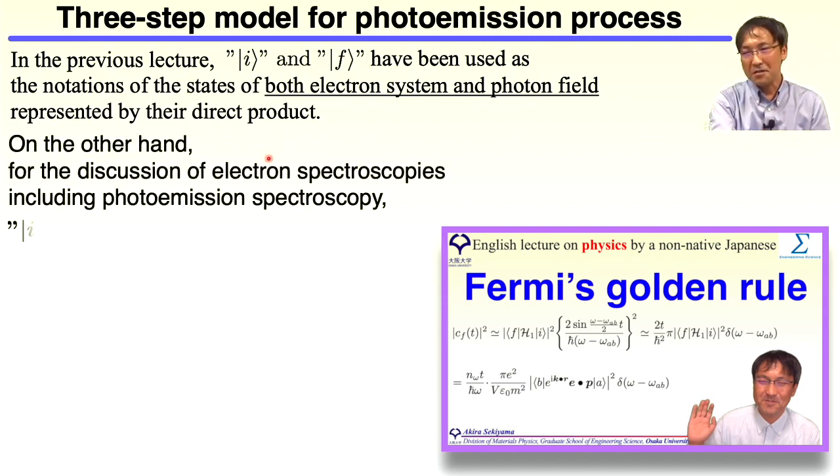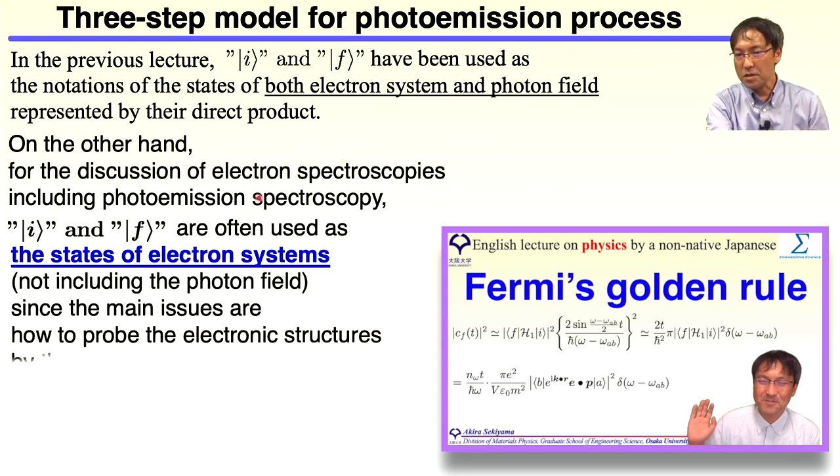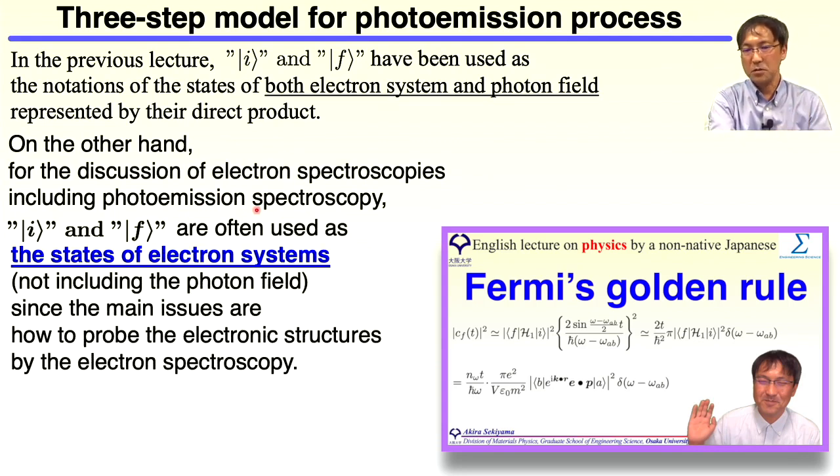On the other hand, in the discussion of electron spectroscopy, including photoemission spectroscopy, states I and F are often used for the electron system alone, not including the photon field, since the main issue is how to probe the electronic structure by electron spectroscopy.